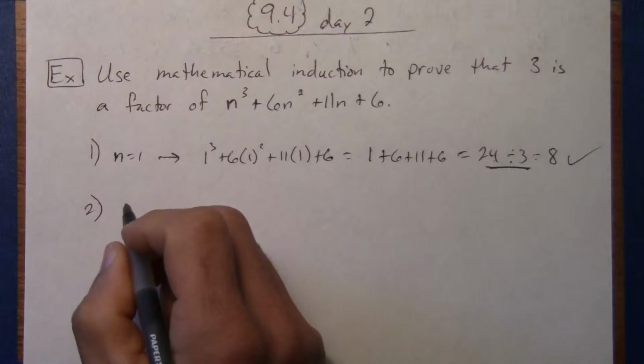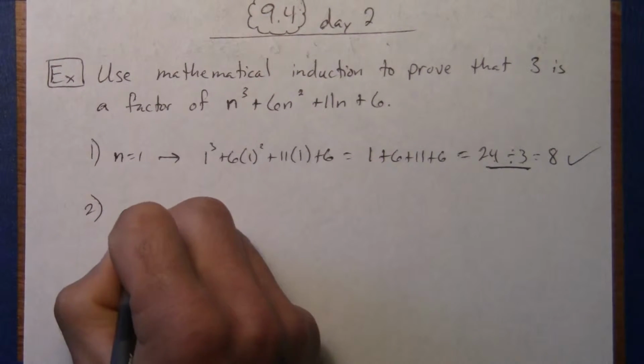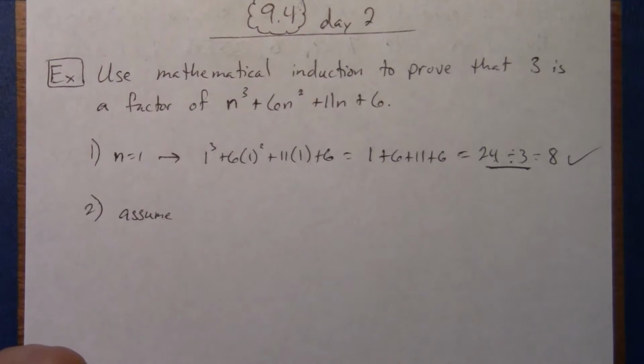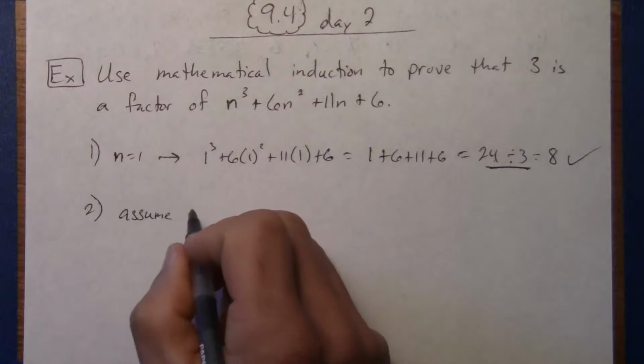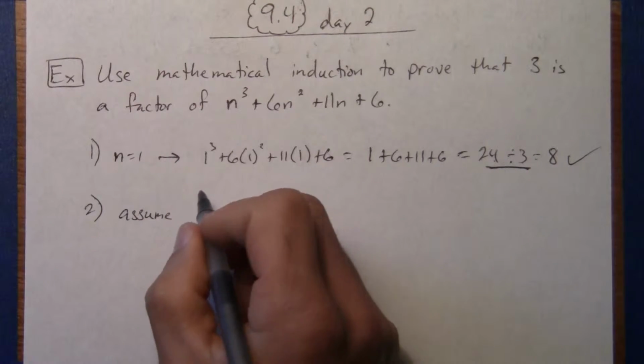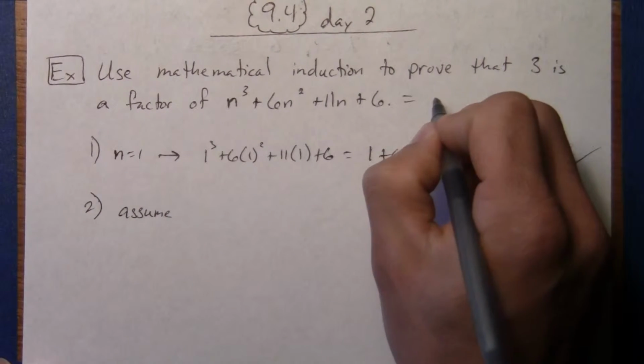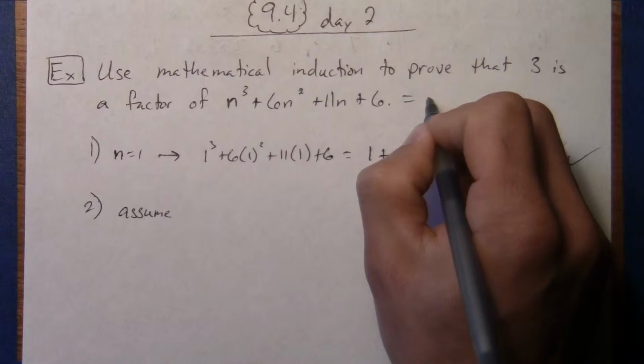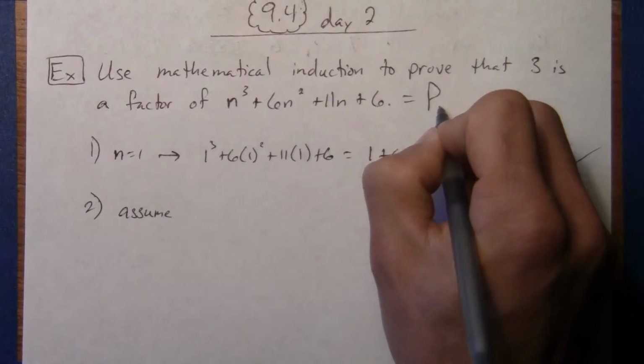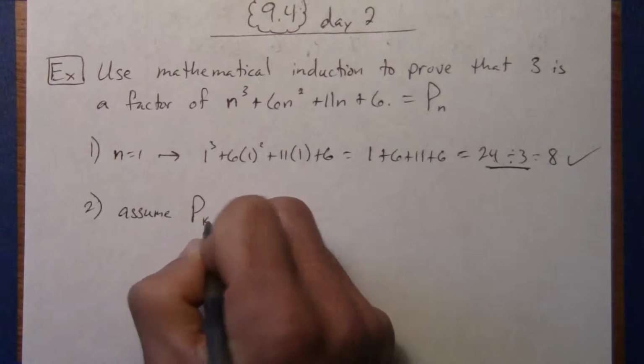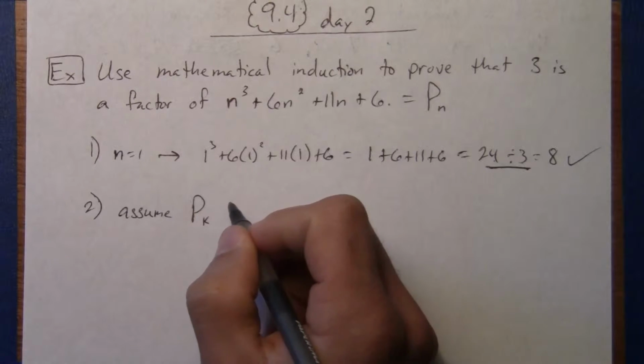For number 2, or the second step, I'm supposed to assume that, well, here, let's say that this was equal to p sub n. I'm supposed to assume that p sub k is divisible by 3.